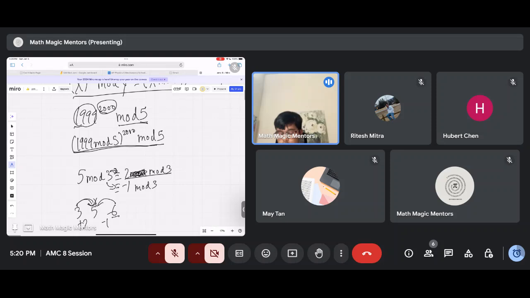You've usually encountered positive remainders so far, but when you deal with mods, there can be negative mods as well as positive mods. So you can either have 2 mod 3, which is when you grow from a lower number to the number that you want, and there are also negative mods, which is when you go from the higher number down to the number that you want. So 5 can be either 2 mod 3 or negative 1 mod 3.